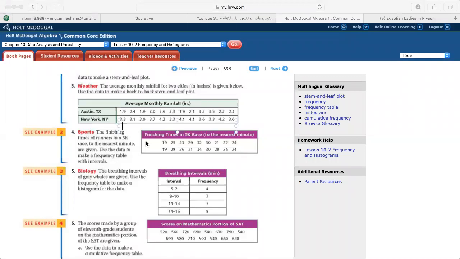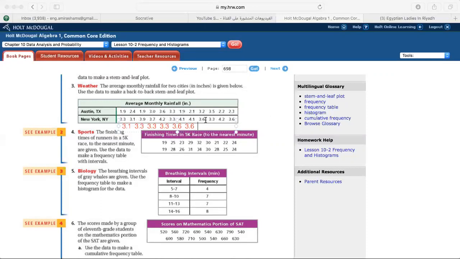What is the least number that I have here in New York? It is 3.1. And 3.1 is repeated. No, 3.3. It is repeated 1, 2, 3. Okay, and let's take what comes next. 3.6, 3.6.